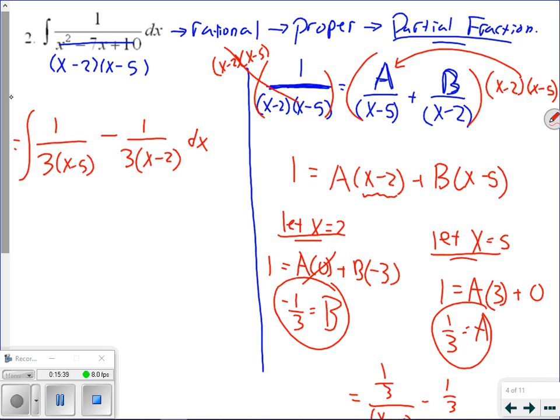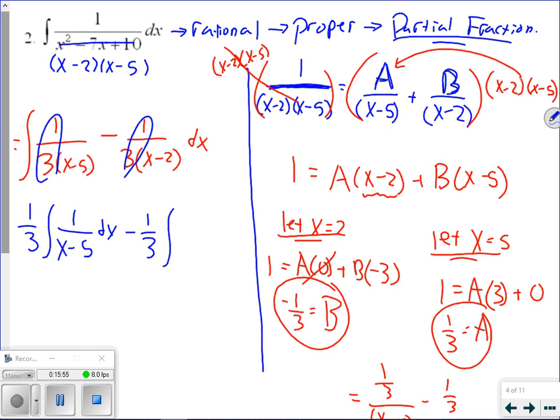And this isn't a terrible thing to integrate. We can integrate both of these fractions all day long. I would probably take the 1/3 constant out for each of these. So this will be 1/3 the integral of 1 over x minus 5, and then minus 1/3 the integration of 1 over x minus 2.